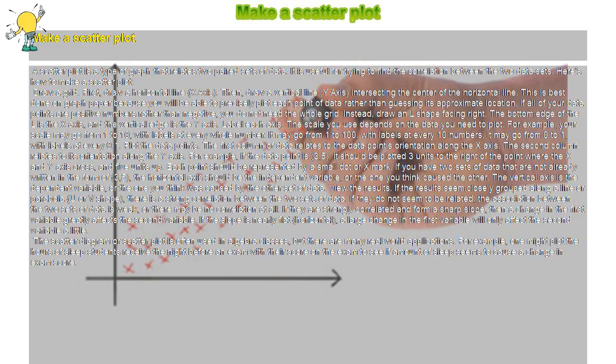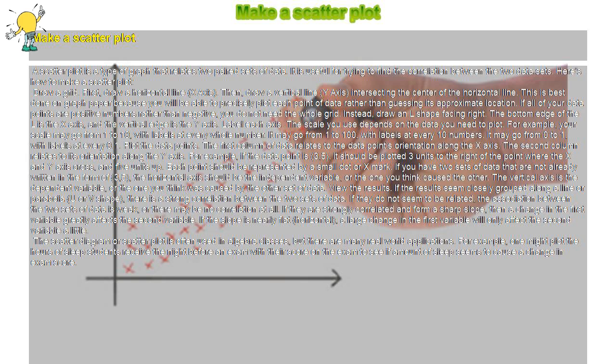Plot the data points. The first column of data relates to the data point's orientation along the x-axis. The second column relates to its orientation along the y-axis.